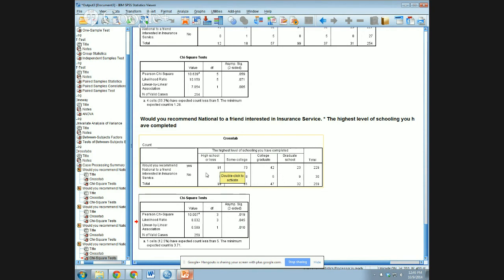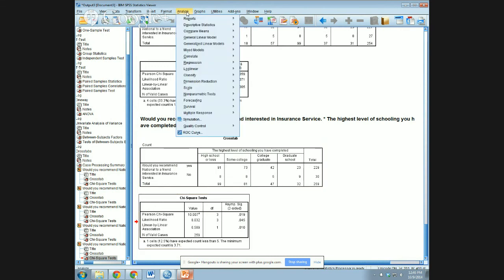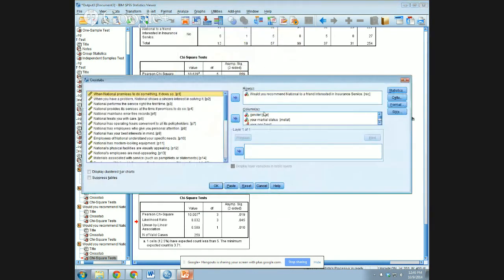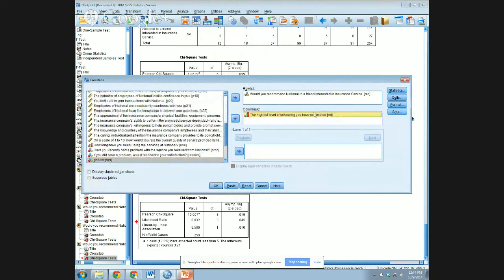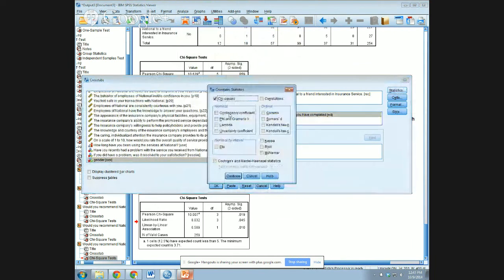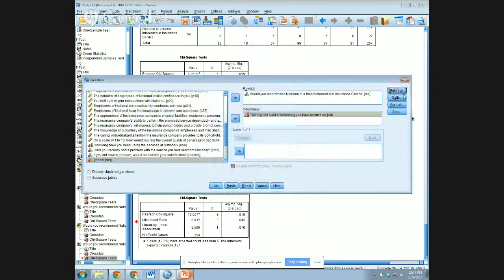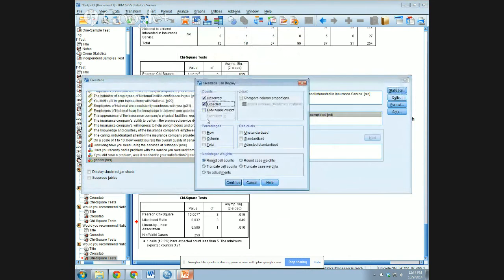What we really need to do is dig down into the expected versus the observed count. So I want to redo this crosstabs and hone in specifically on the significant one, which is the level of schooling. And I want to put in there the statistics and the cells observed and expected.